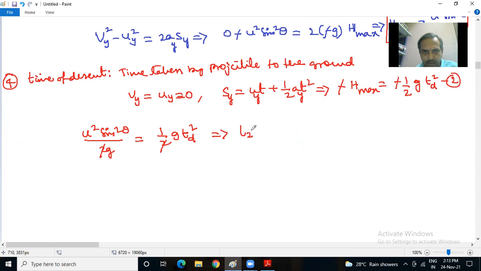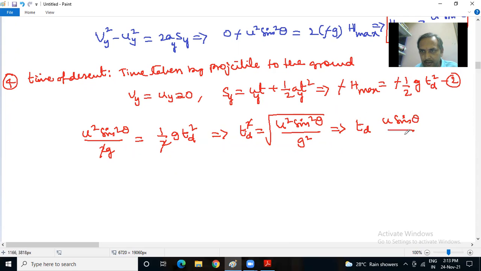So TD square is equal to U square sine square theta by G square. If the square is cancelled, it will come under root. So TD is equal to U sine theta by G. So therefore you can say time of ascent is equal to time of descent once again. Time of ascent is equal to time of descent.